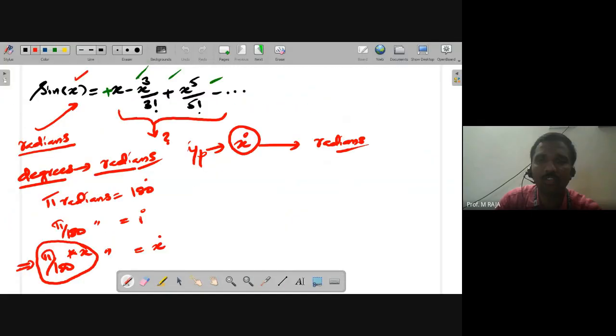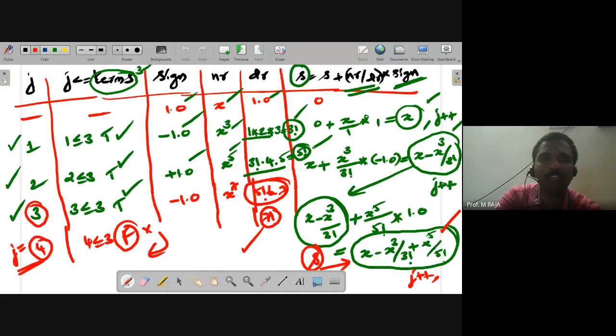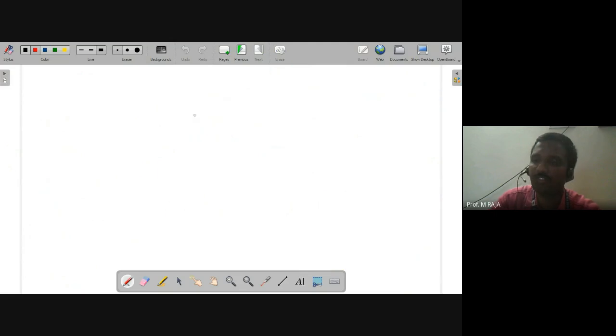Likewise, you are asked to evaluate the cosine series where cos x is equal to, what is cos x? You remember the formulas, it will not be given in the question paper.